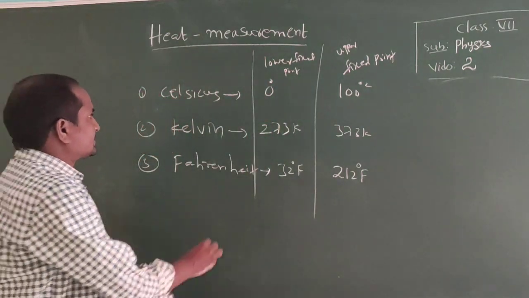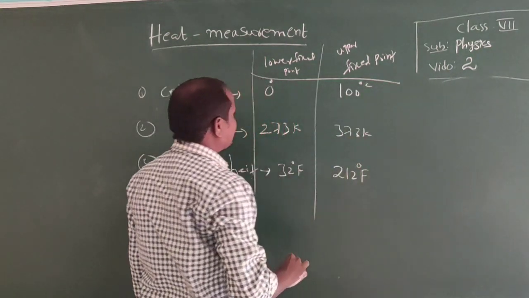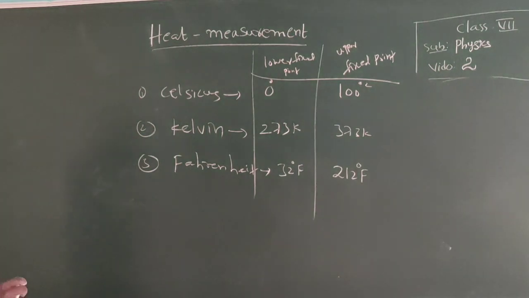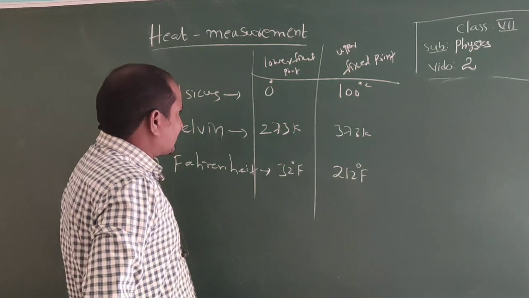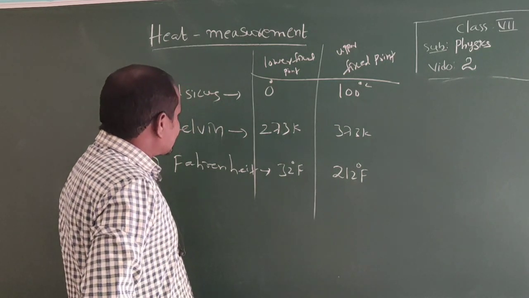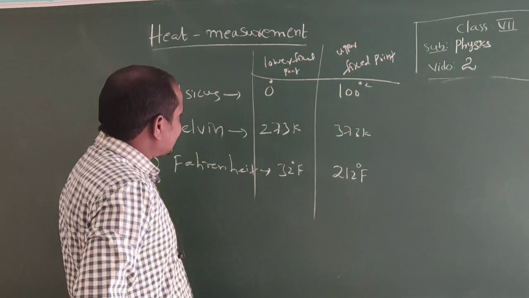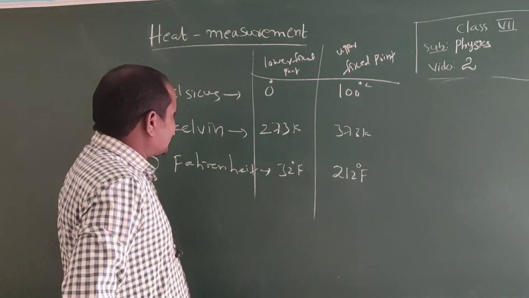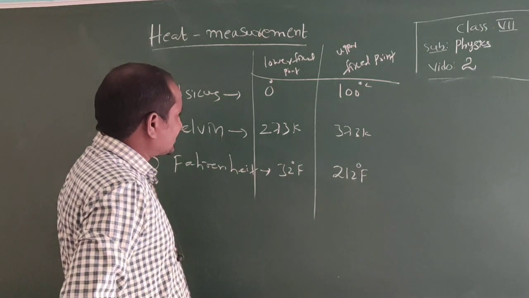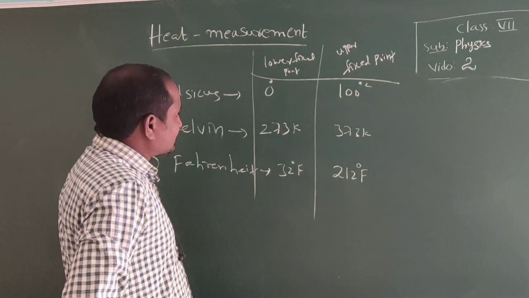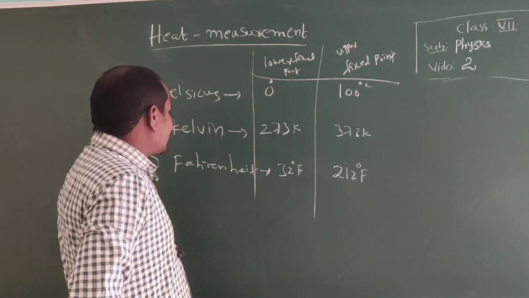So the lower fixed point is nothing but the ice point, and the upper fixed point is nothing but the boiling point of water, in any scale. In Celsius, 0 is the lower fixed point, the ice point, and 100 is the upper fixed point, the boiling point of water. In Kelvin, 273 K is the lower fixed point, the ice point or melting point, and 373 K is the upper fixed point, the boiling point of water.